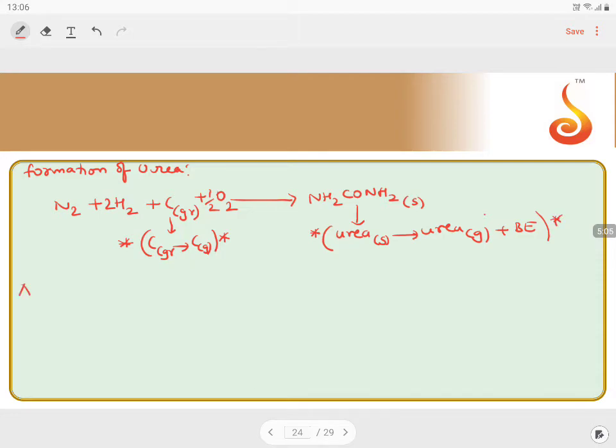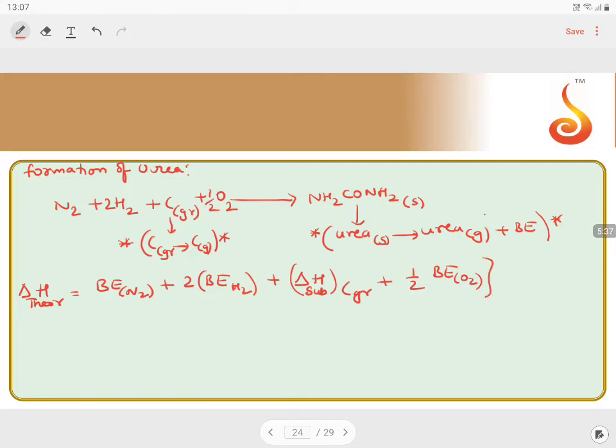So what will be the overall theoretical enthalpy? It is the bond energy of reactants: the bond energy of N2 plus 2 times the bond energy of H2 plus the enthalpy of sublimation of carbon graphite plus half into the bond energy of O2.